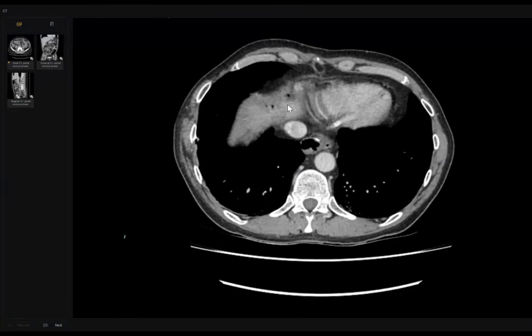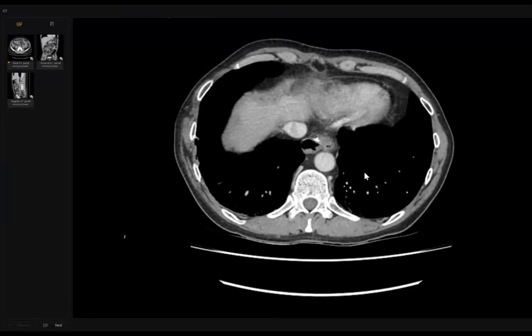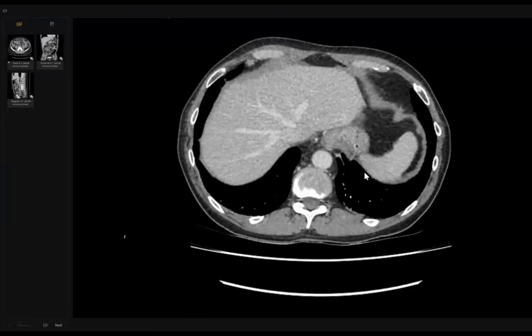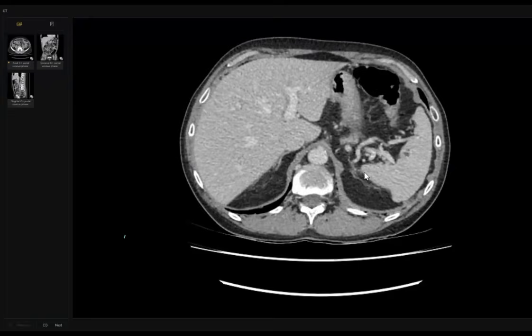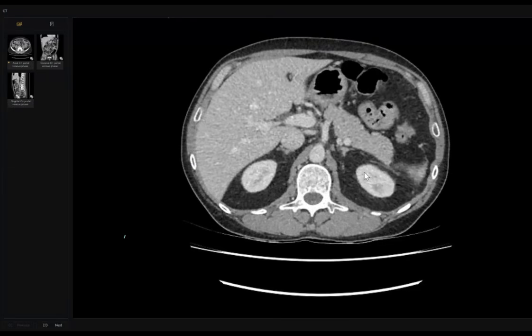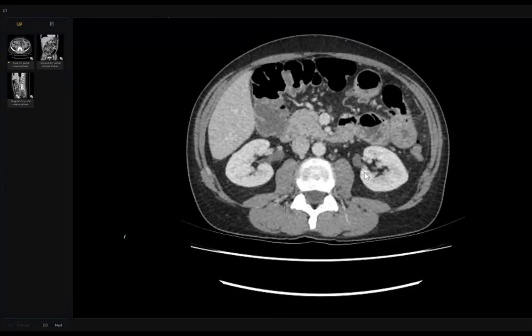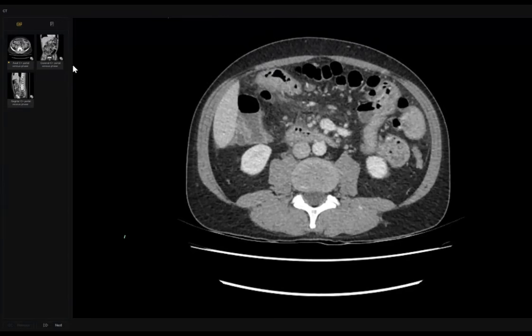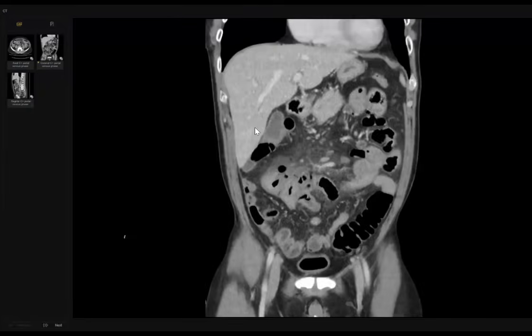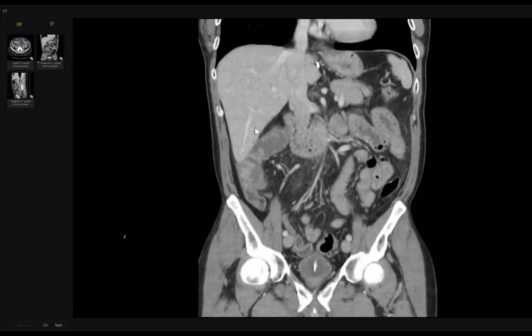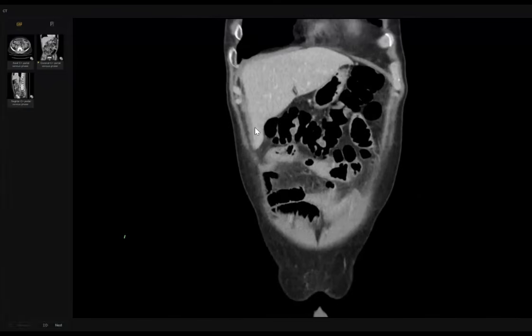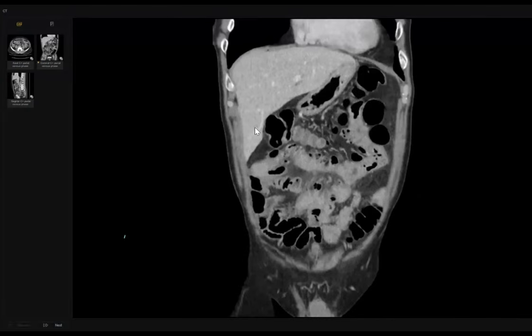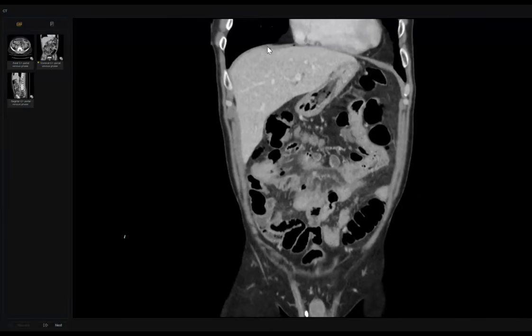Yes, there is air foci. Air foci is appreciated in the liver, which is peripherally based, likely suggests portovenous gas. If they are centrally located, then I would think of pneumobilia. I will show you again here. Could you think this is in the liver? This and this.